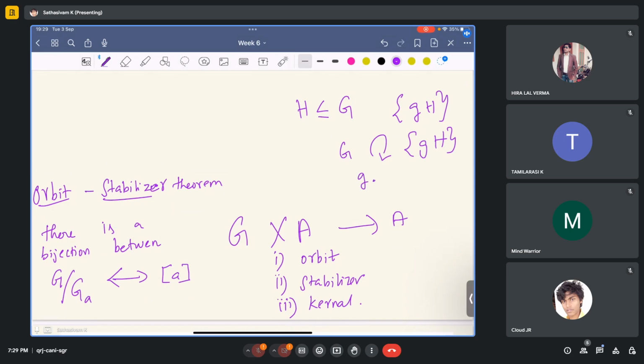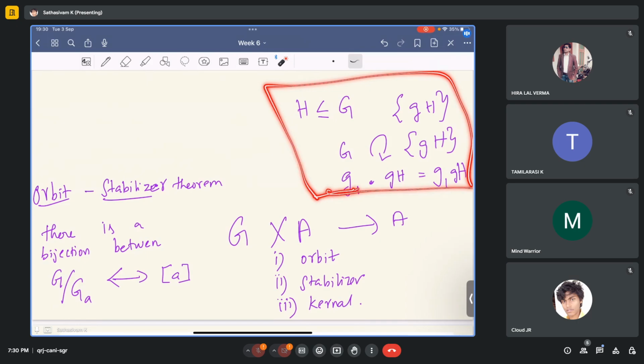If you take g1 and a coset gH, then g1·gH is (g1 g)H. So define the action like this.